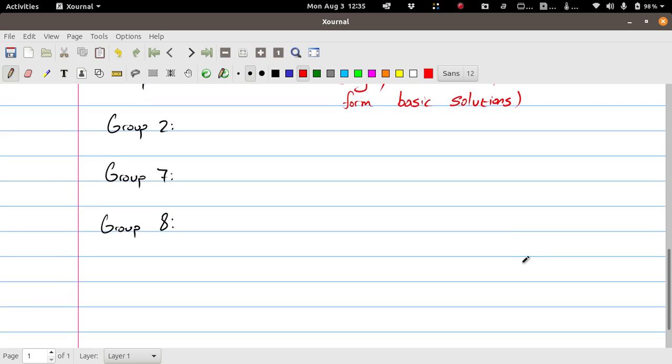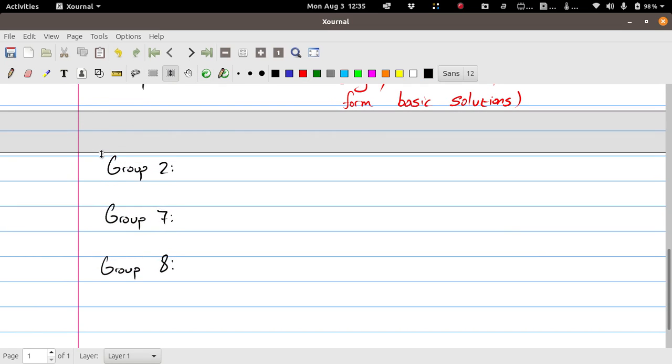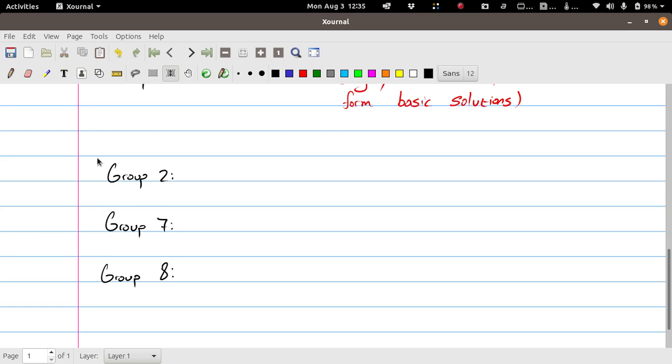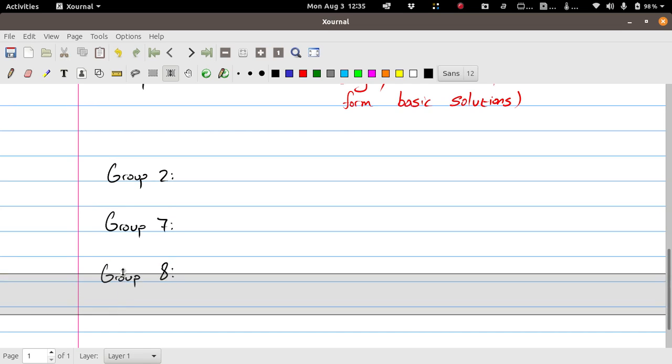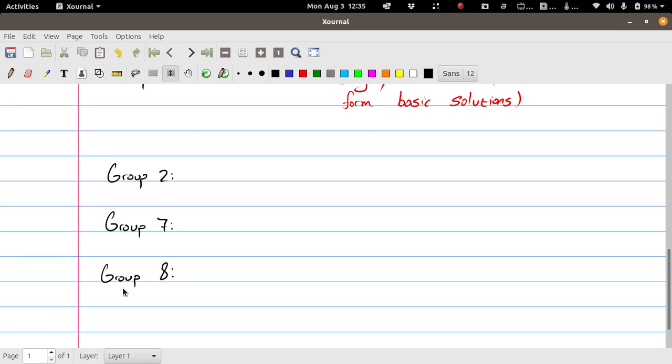Okay. I'm gonna put a little bit of space in here. So group 2 is alkaline earth metals. Let me write that.